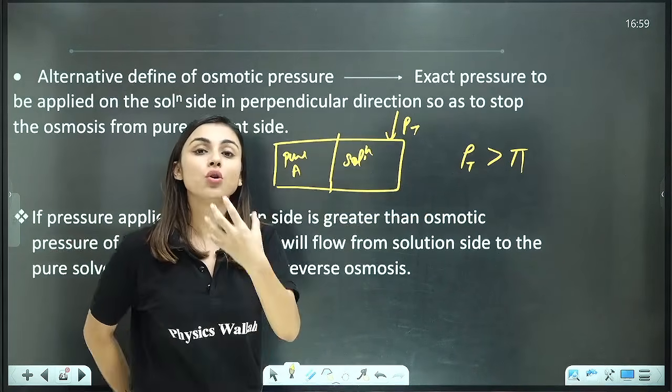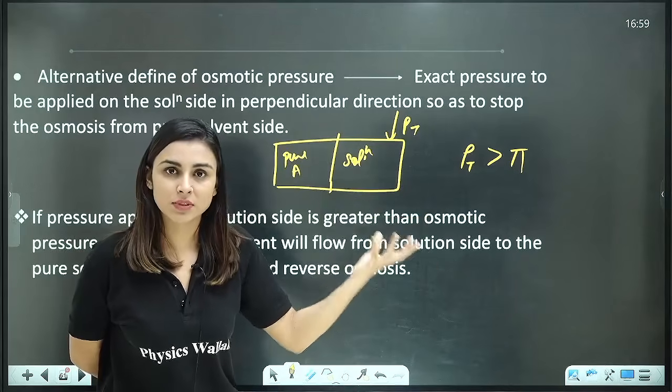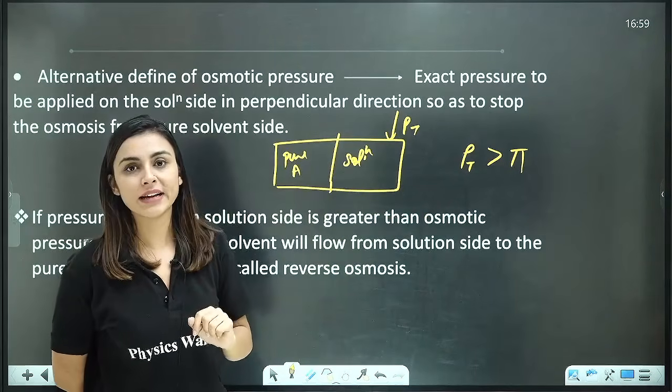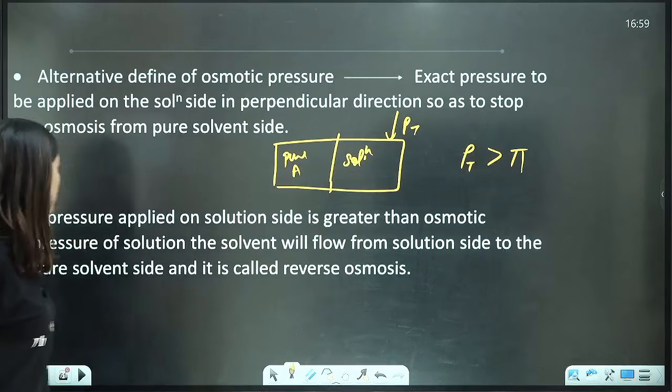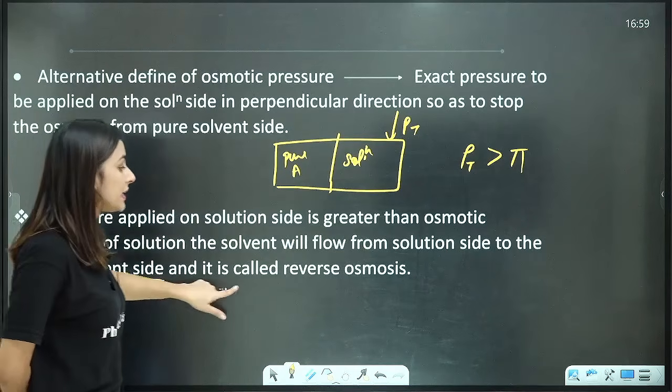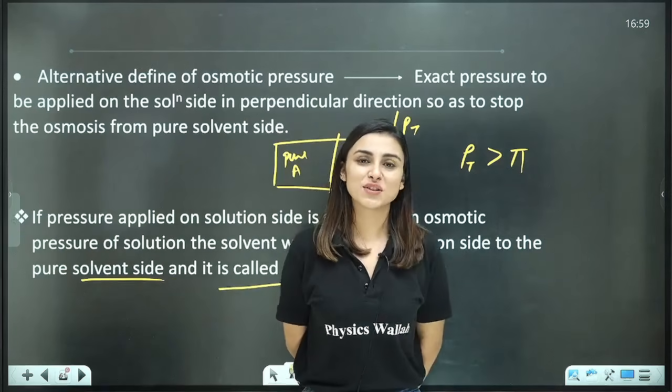And this is how the water in an RO system is purified. So read this. If the pressure applied on the solution side is greater than the osmotic pressure of the solution, the solvent will flow from the solution side to the solvent side, and it is called reverse osmosis.